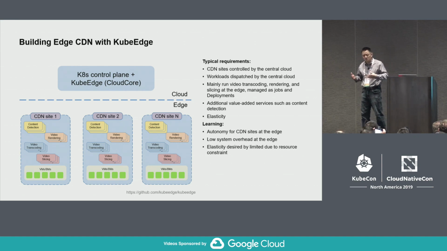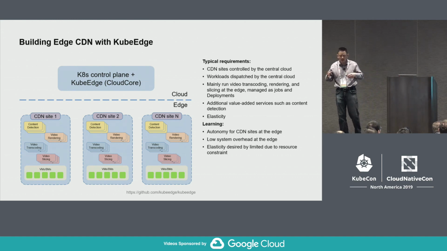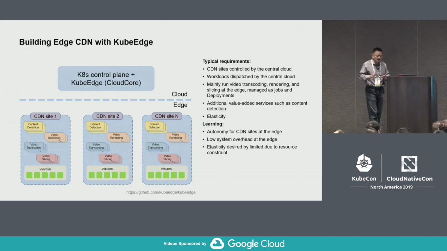There's a clear pattern here. For example, metropolitan cities will have a lot more content providers and viewers than the rural areas, right? So there's a concentration. So if you have more compute resources in those edge nodes, that solves the problem locally.